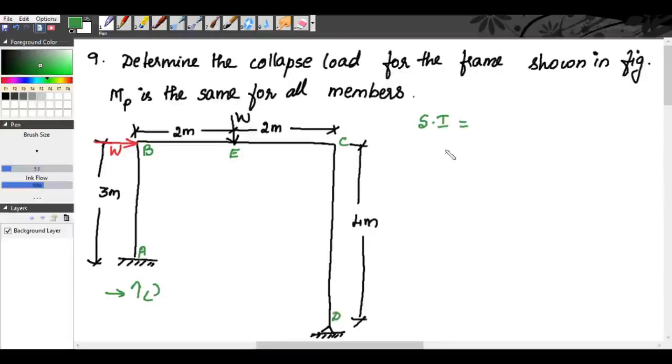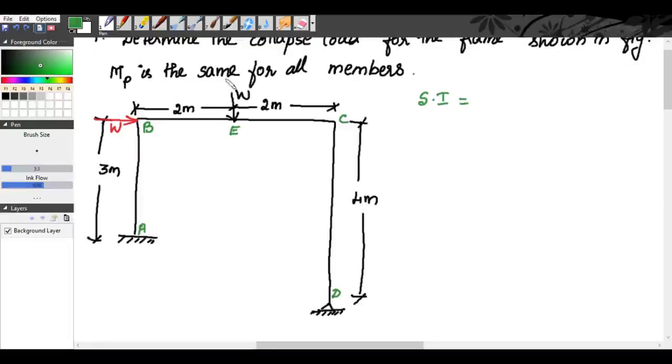So totally the total unknown reactions is 5, minus the number of equilibrium equations available, which is 3. So the statical indeterminacy is equal to 2.